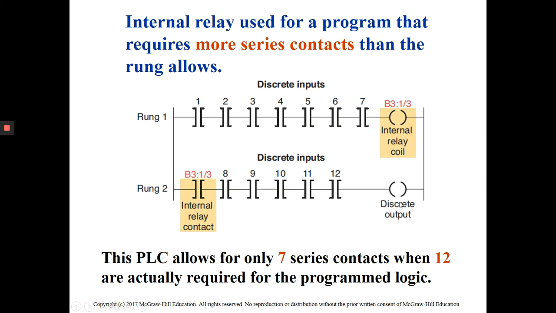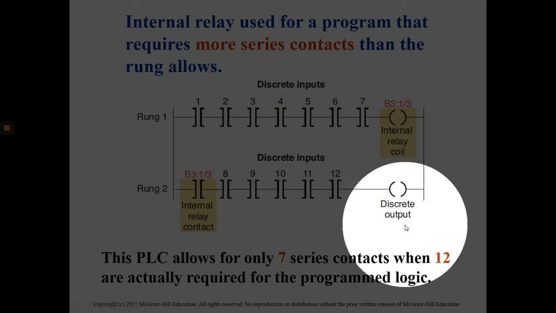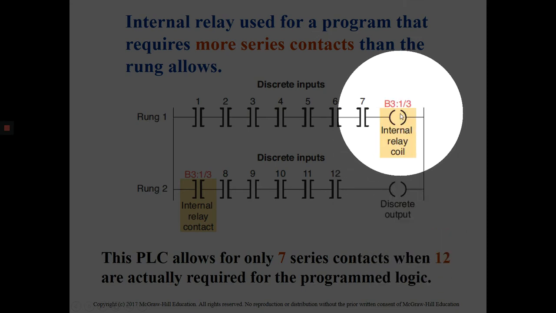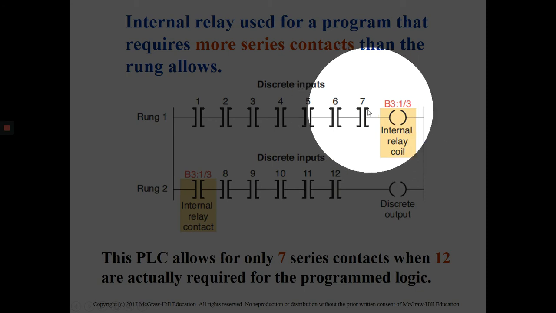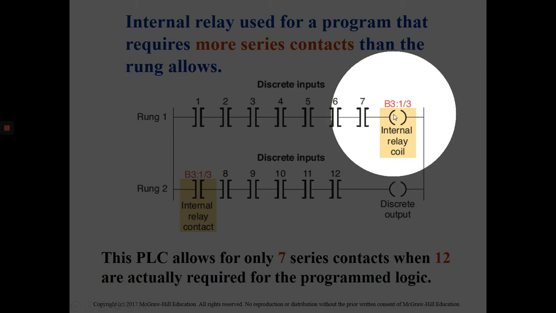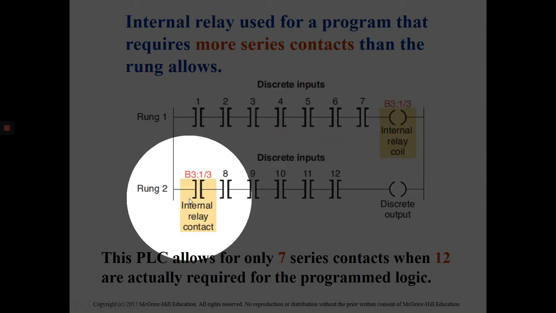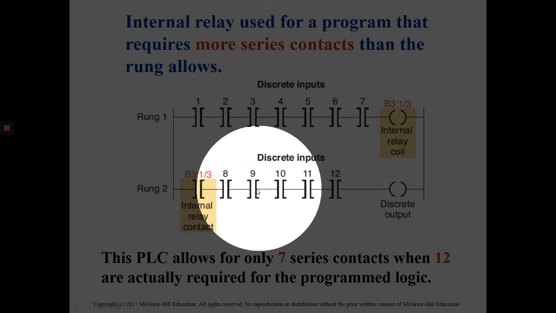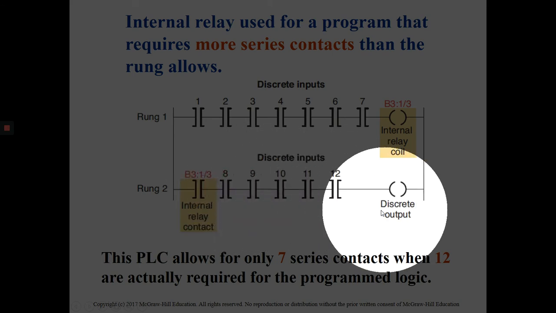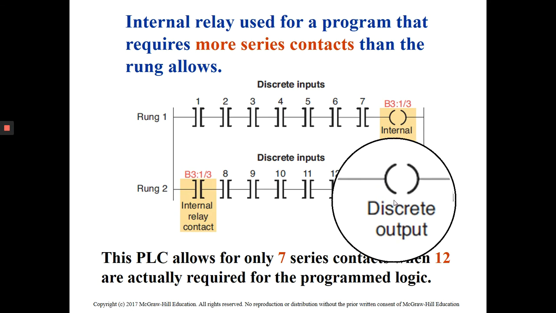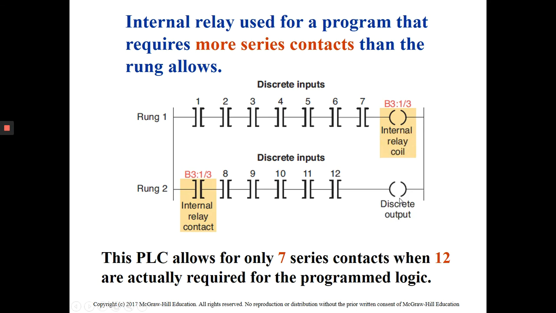This is the physical output device actually. The internal relay is just like a virtual output. When energized, it makes this internal relay contact true, then we check the status of other instructions. If all are true, then our output will be energized. So by using this internal relay, we overcome the problem of the limitation of the number of series contacts.